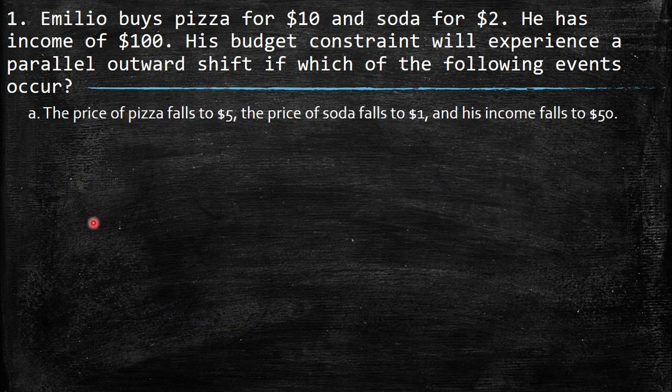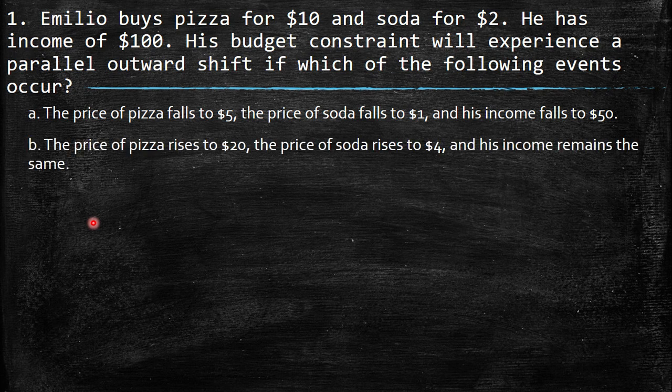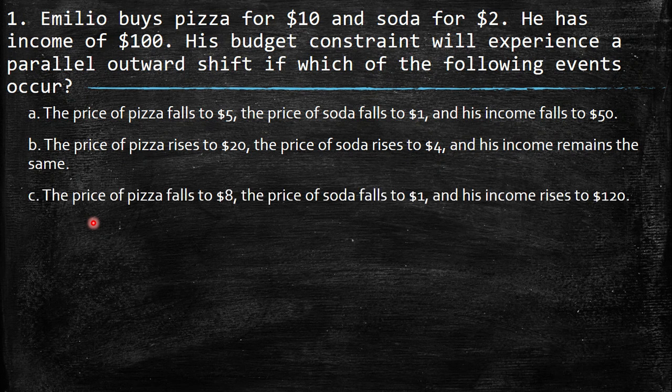Then the answers are: A, the price of pizza falls to $5, the price of soda falls to $1, and his income falls to $50. B, the price of pizza rises to $20, the price of soda rises to $4, and his income remains the same.